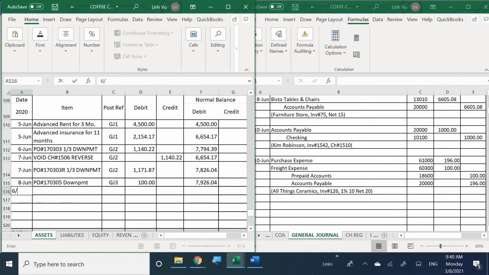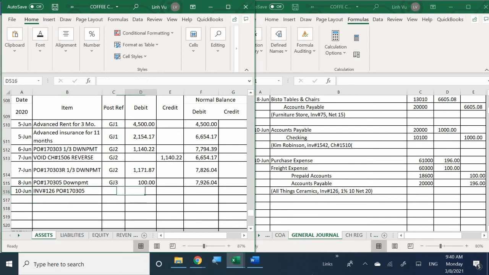So that's what I'm going to do here. I'm going to write 10, and I'm going to write invoice number 126. Then 80, and I'm also going to write in the purchase order number, 170305, because that's what the coffee mugs were.